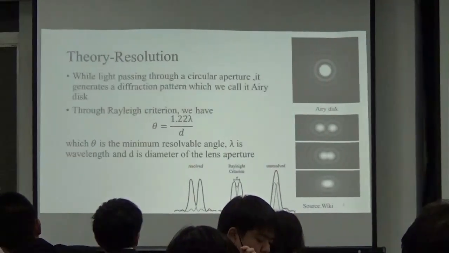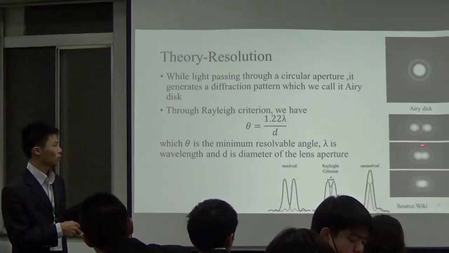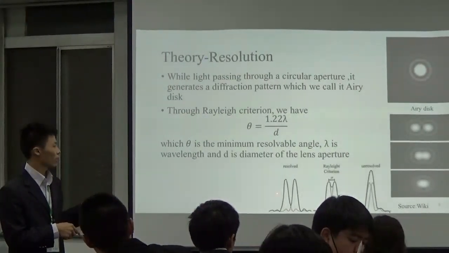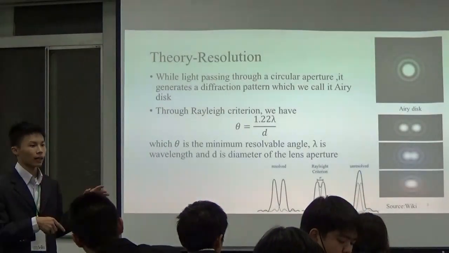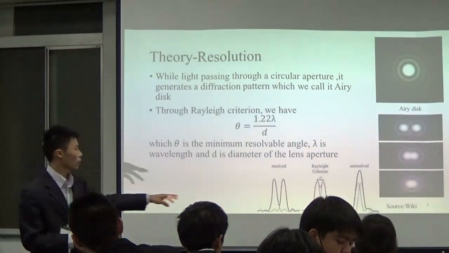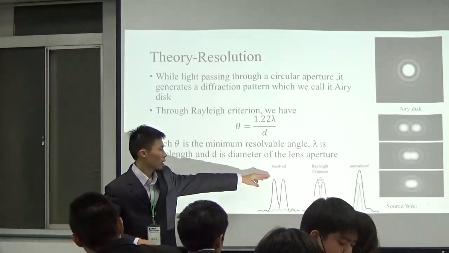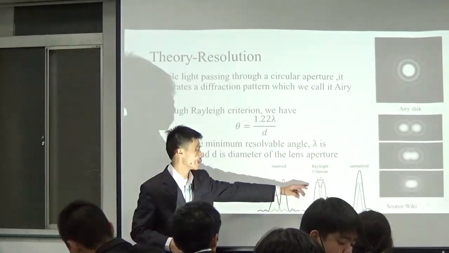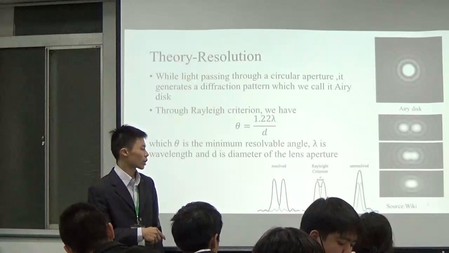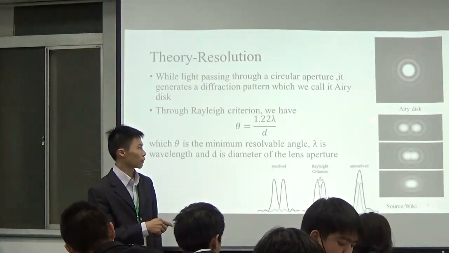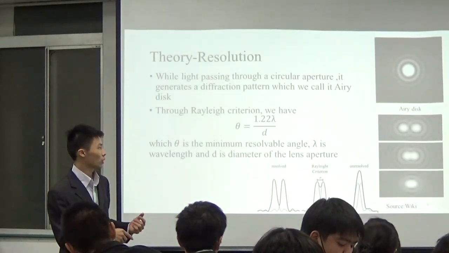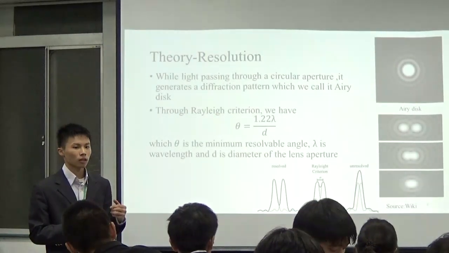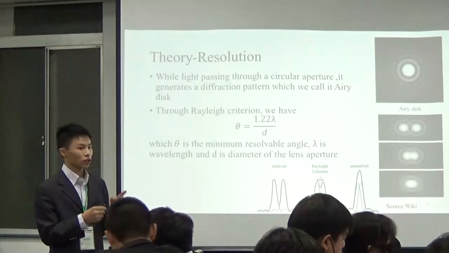So we can apply the Rayleigh criterion. Since the diffraction pattern has the amplitude of our light, when the brightest part of one diffraction pattern goes to the darkest part of another, it's hard for us to say that it's 2 light sources.